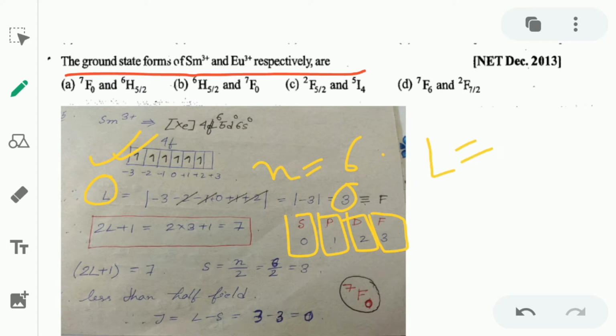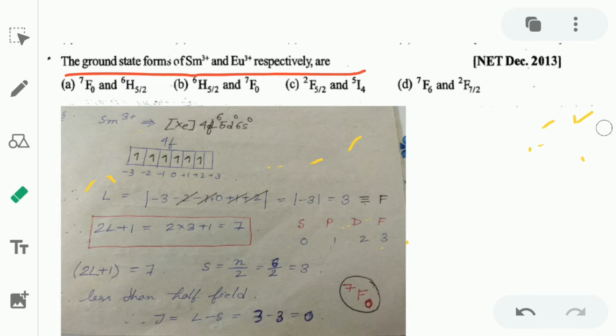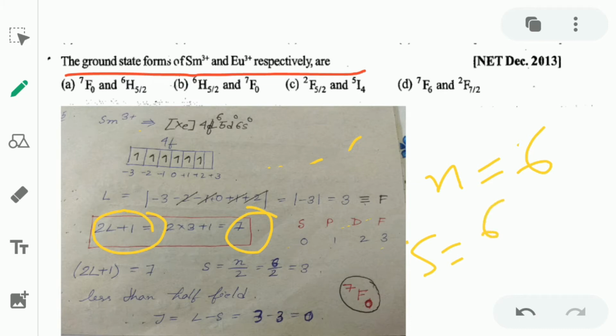That L equal to 3 means term is capital F. Now we have to determine the 2S plus 1 value, which is 7. Okay? And as we already mentioned, n equal to 6. So S equal to 6 by 2 equals 3.